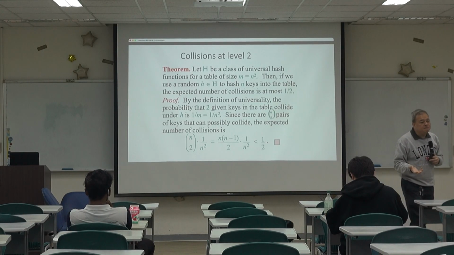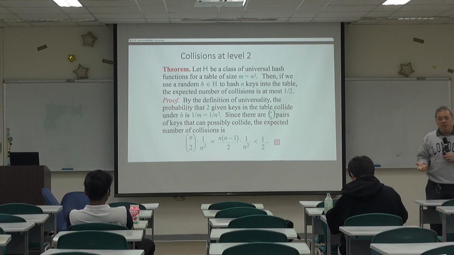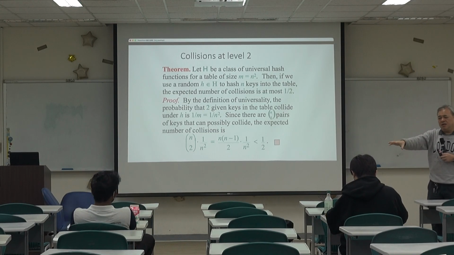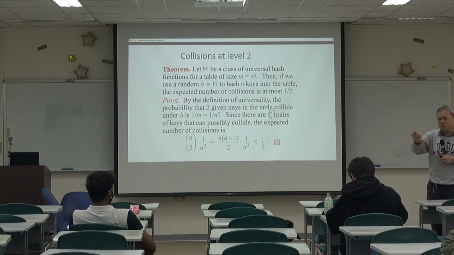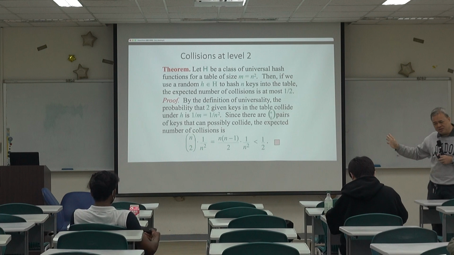So what does that mean? Because the expected number of collisions is at most 1/2, you randomly pick one hash function from these universal hash functions.